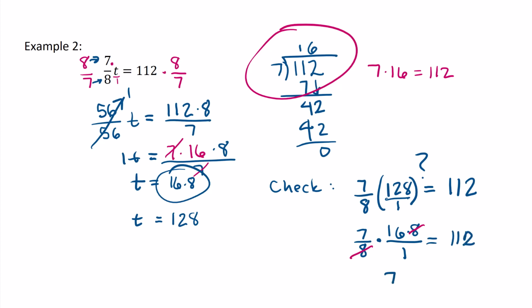Let's see, 7 times 16. Does that equal 112? Well, we'd have 70, 7 times the 10 there, and 7 times 6 is 42. So 70 plus 42 does equal 112, so we're good. Check.